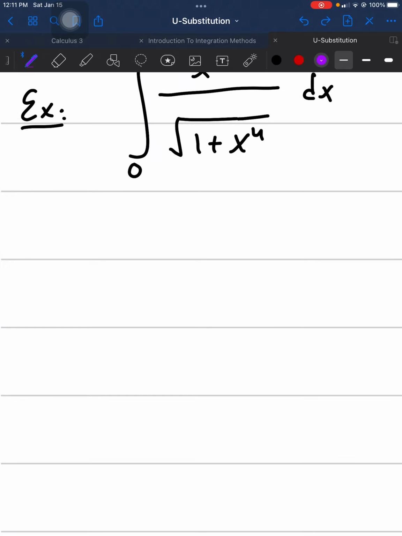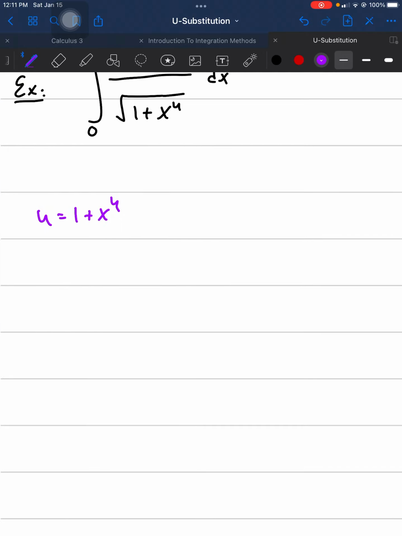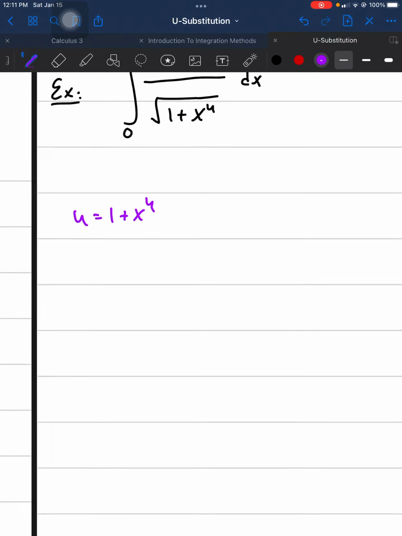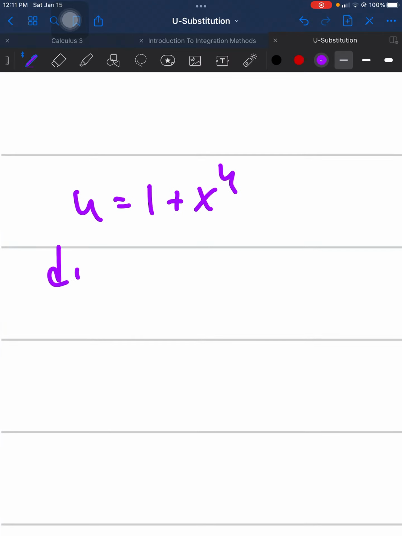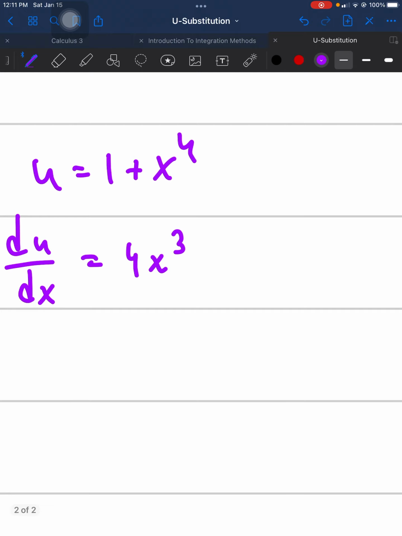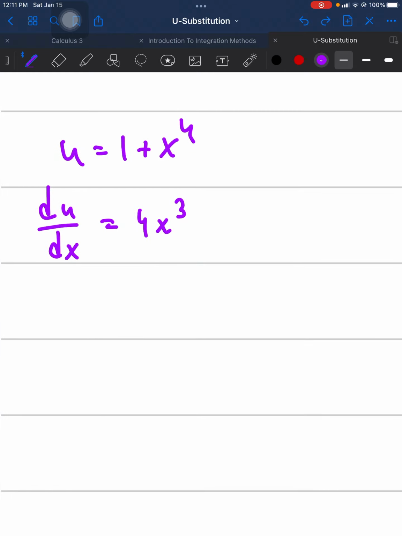So let's say u is equal to 1 plus x to the fourth. All right, so 1 plus x to the fourth, and we know we want to change the terms of x in terms of u. So what we're gonna do is take the derivative here. du/dx is equal to 4x cubed.